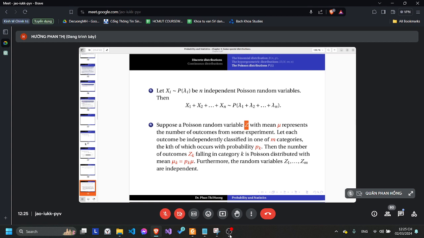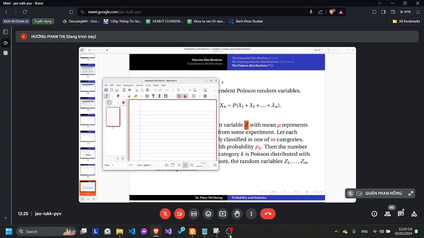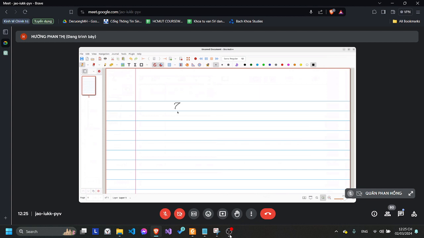Okay, let's see this example. Suppose that we have Z indicating the number of people or customers entering the post office per day.